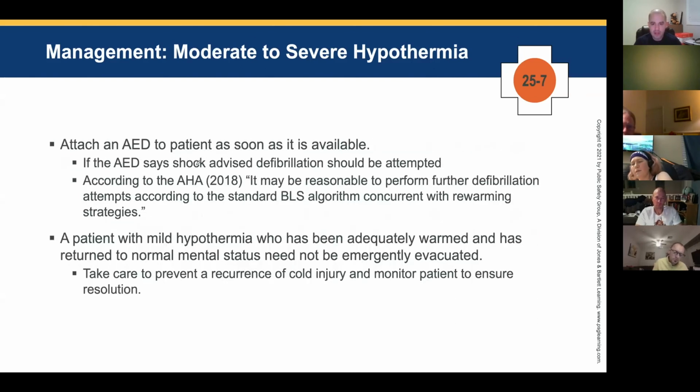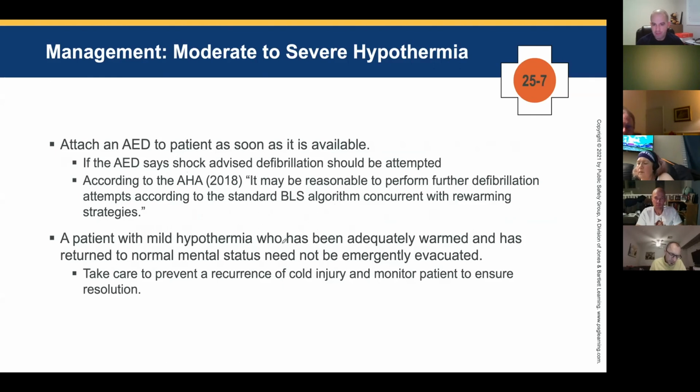We want to attach an AED as soon as possible, and if it says shock advised, we want to give a shock. According to the AHA 2018 guidelines, it may be reasonable to perform further defibrillation attempts according to the standard BLS algorithm concurrent with rewarming strategies. So basically, as we rewarm, we're going to continue shocking.